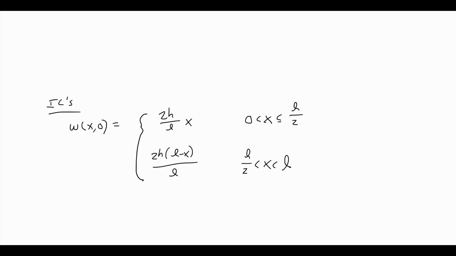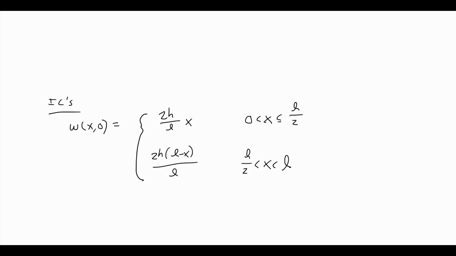Putting this in here, at L over 2, this is going to be equal to h. And when x is equal to L, I get 0 on top, so w is going to be equal to 0.